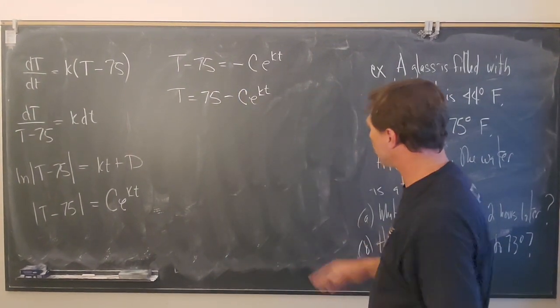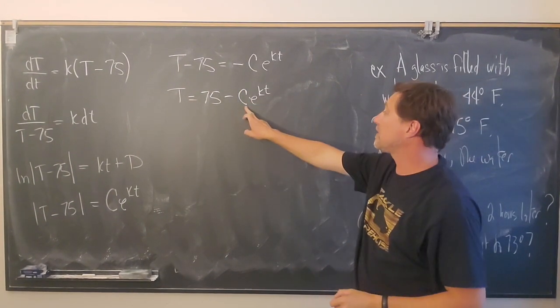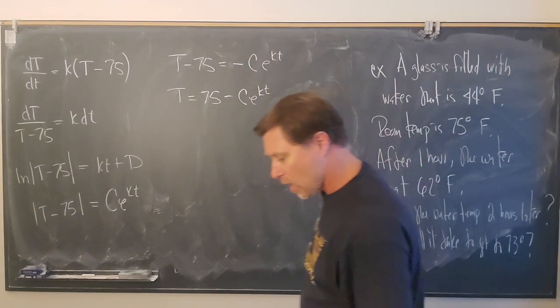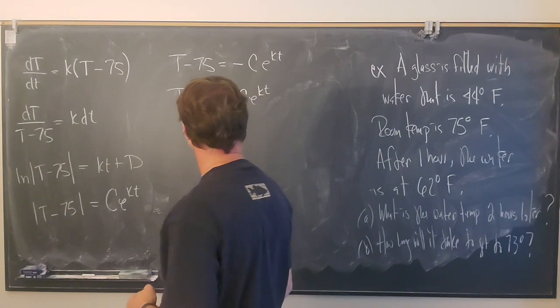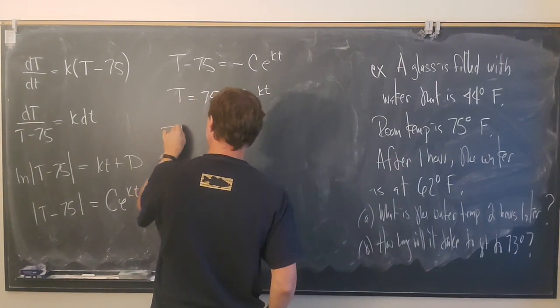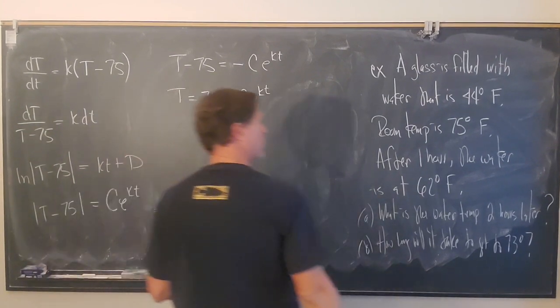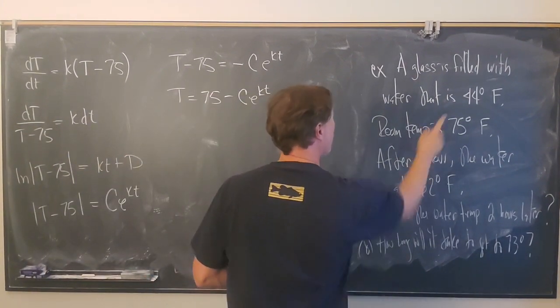So there are two things I need to find. I need to find C and k before I can answer any of these questions. The first thing: right when we pour the glass, we started off with 44.